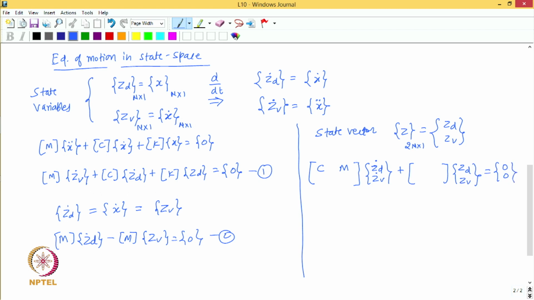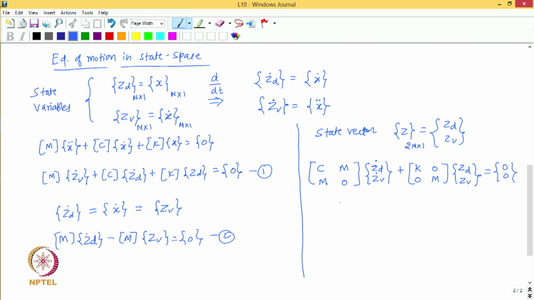From the first equation we will have k here and 0 here, matrix of zeros, and from the second equation I have m here and 0 here, matrix of zeros, and here I have matrix of zeros, and here I have matrix M, right.